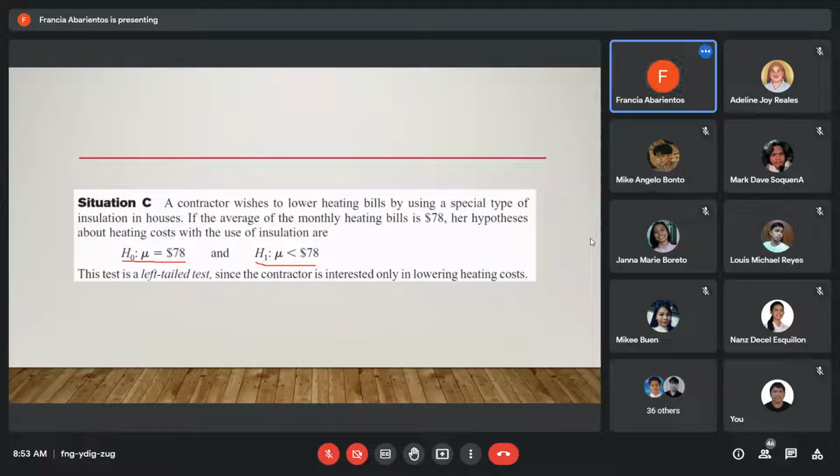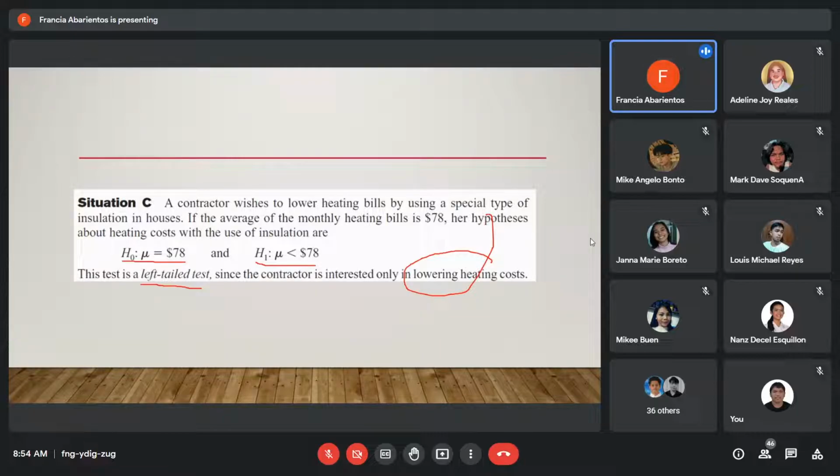Take note that here, this falls under the left-tailed test, since the contractor is interested in lowering the heating cost.